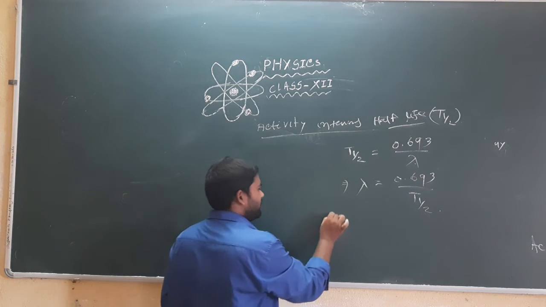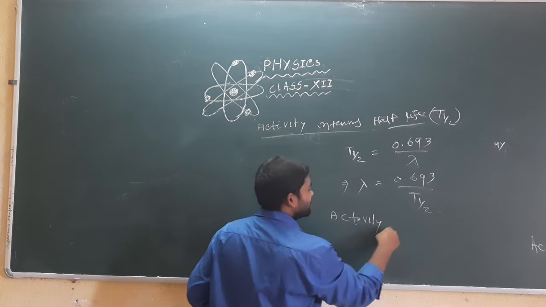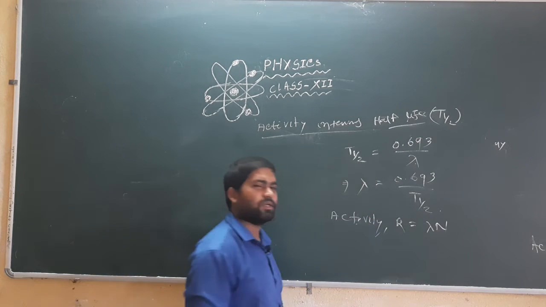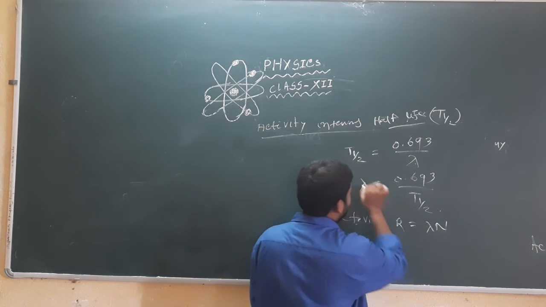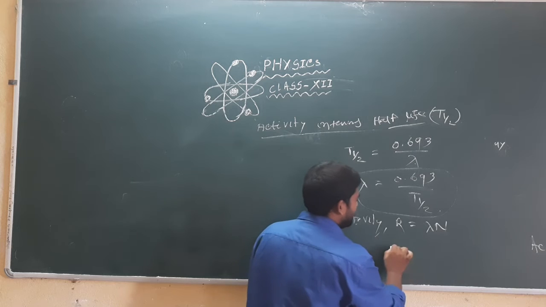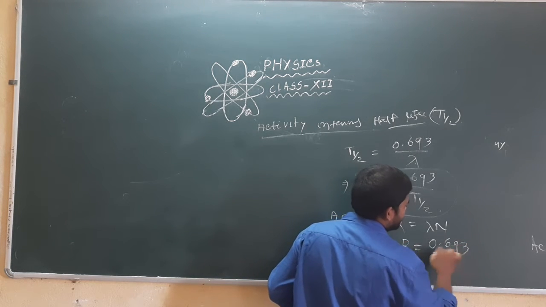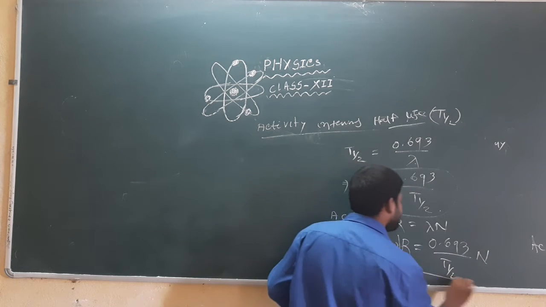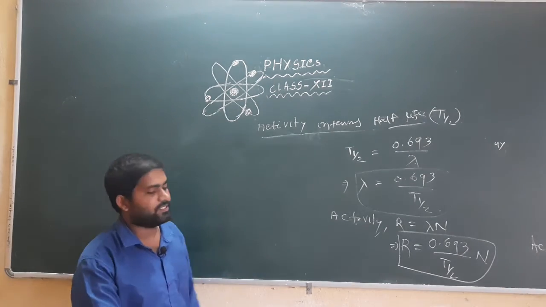And if we represent activity, R equals lambda N, and substitute the value of lambda from this value. So R equals 0.693 by T half into N. So this is also another form of activity of any radioactive sample.